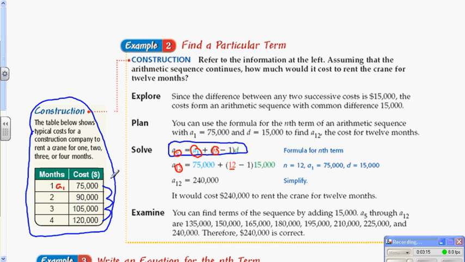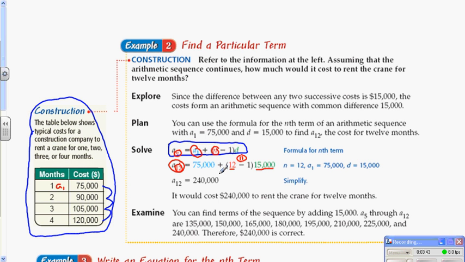What is the difference? Well, if we take each one and subtract the previous, 90,000 minus 75,000 gives you 15,000. 105,000 minus 90,000 is 15,000. So it's constant, and it must be the same every time. That allows us to solve for A sub 12. 12 minus 1 is 11, times 15,000.